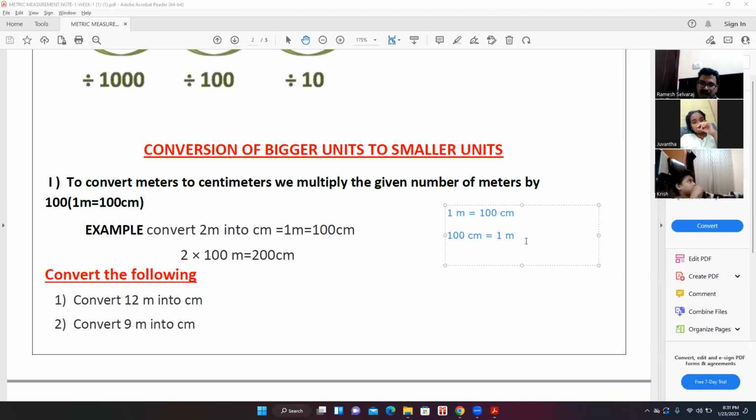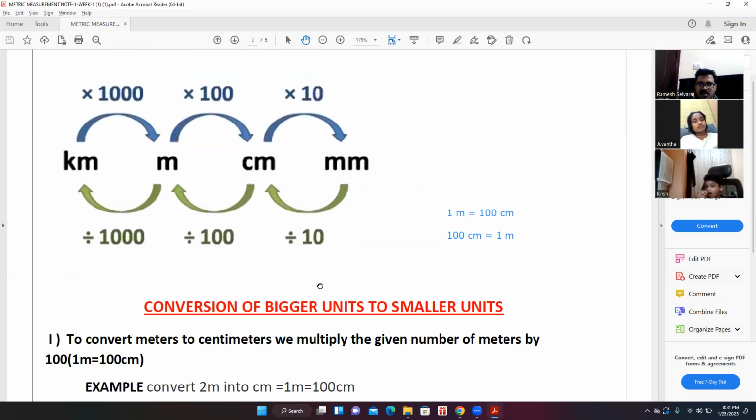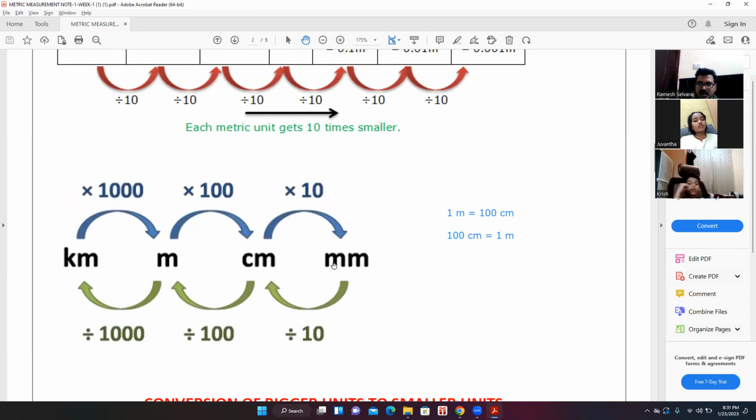Okay. And then we also need to understand millimeter to centimeter, right? I will show you. See here. If you multiply mm by 10, you get centimeter; if you multiply centimeter by 100, you get meter; if you multiply meter by 1000, you get kilometer. So this is a very important thing. Millimeter, centimeter, meter, kilometer. This is the one normally they will ask you.